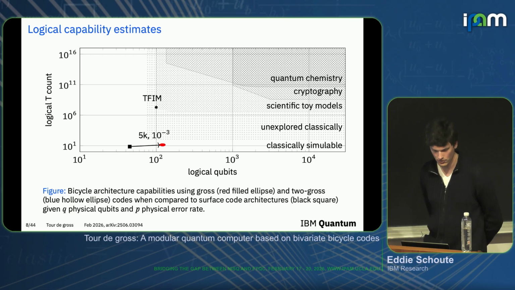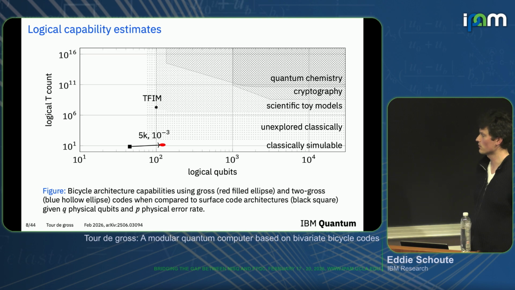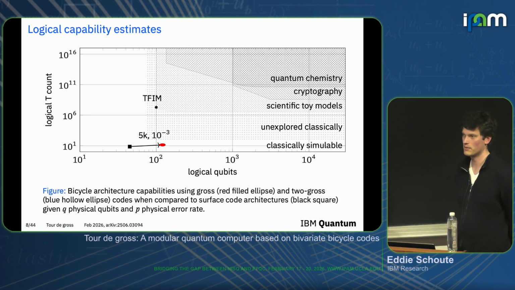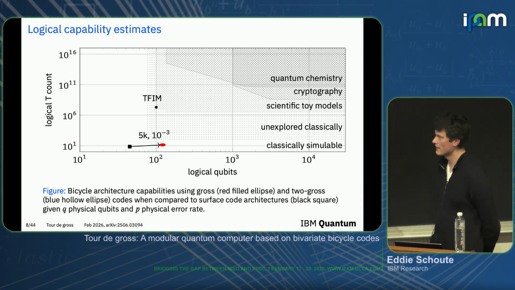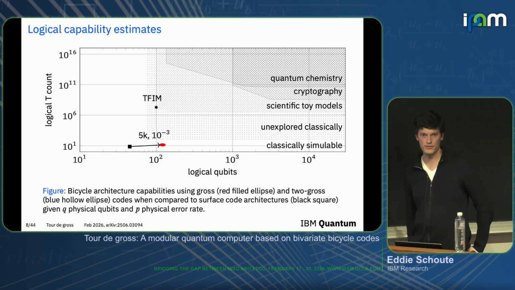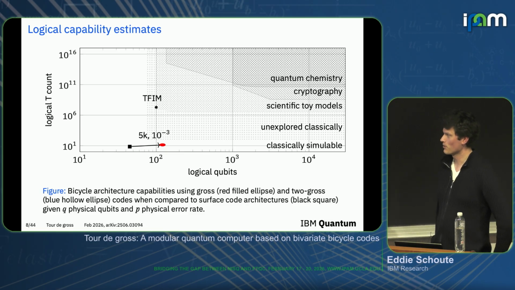But let's get started. Let's say you give me 5,000 physical qubits, and each of my physical qubits has a noise rate of 10 to the minus 3. Then in red, I highlight the capability of a bicycle architecture using gross codes built using these qubits.